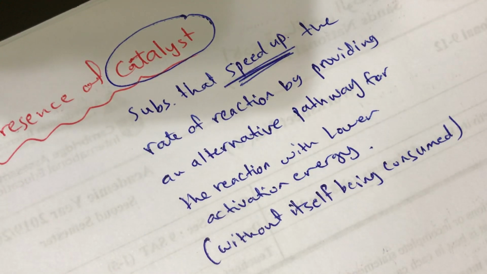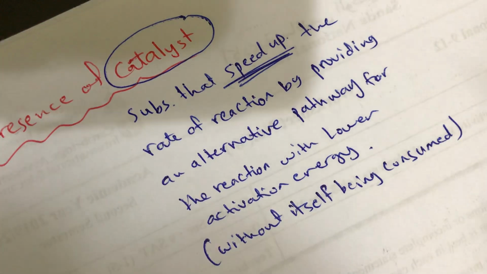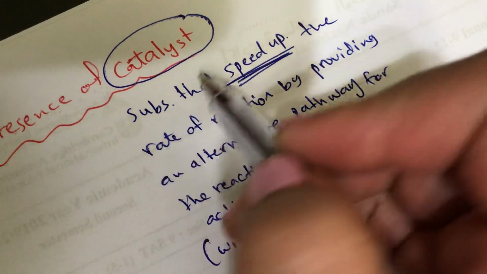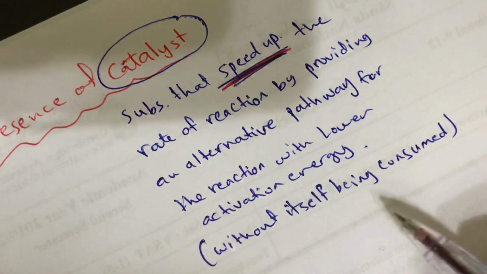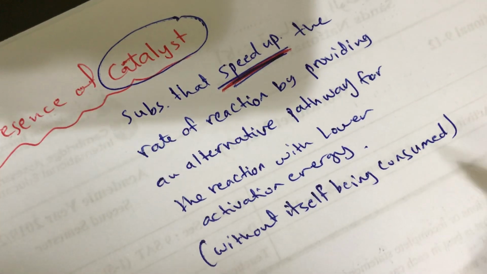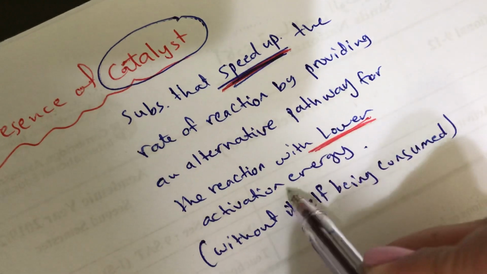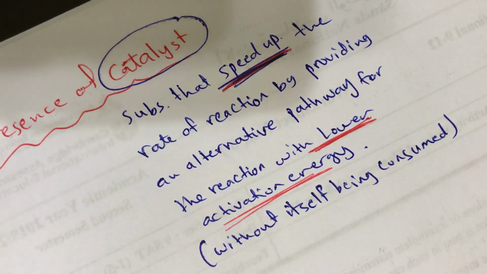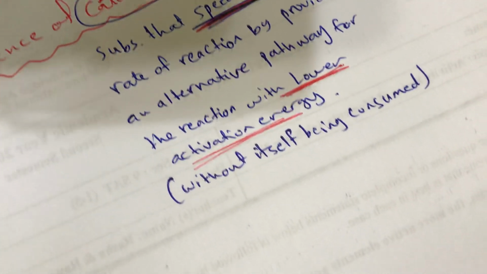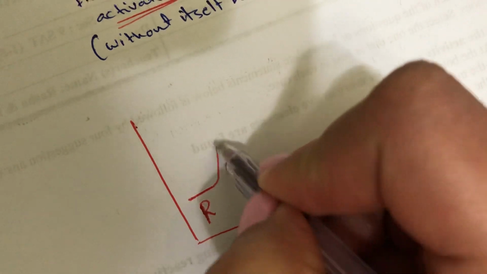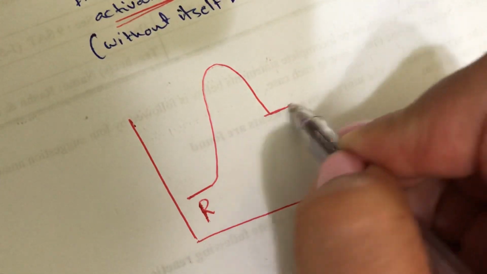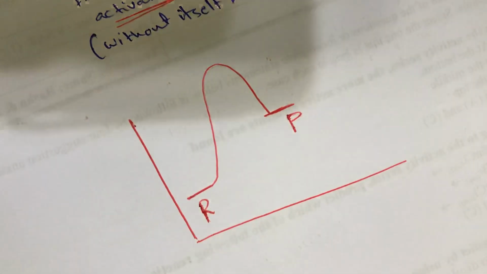Again, so catalyst, substances that speed up the rate of reactions by lowering the activation energy. If you remember the energy diagram, so here for example the reactants, and here product.